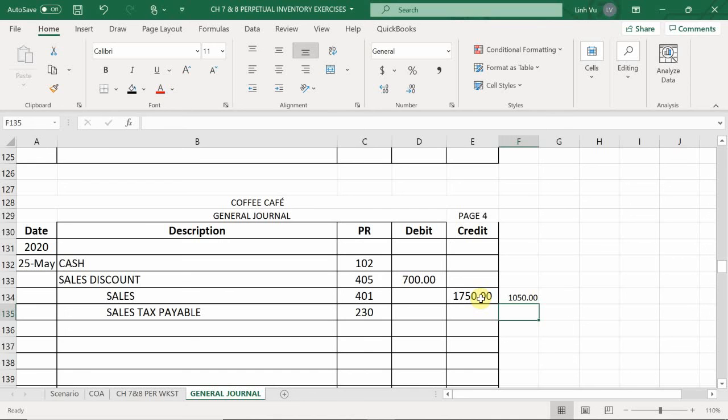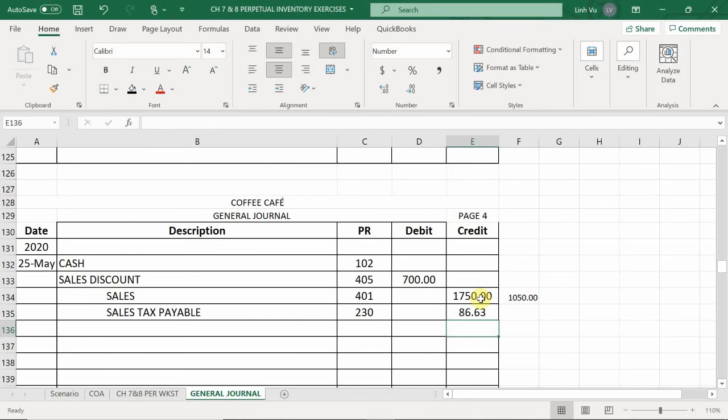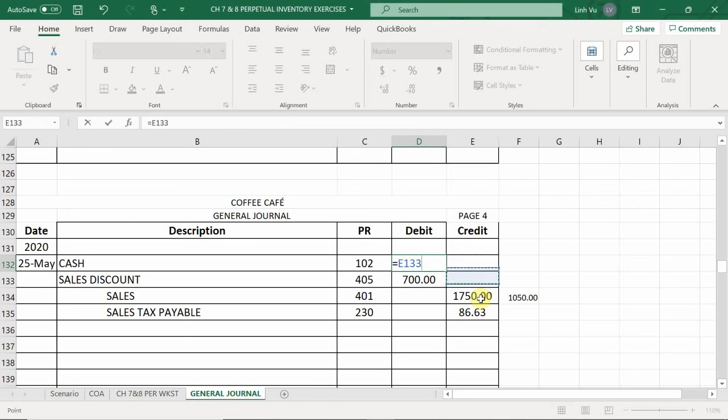How much tax am I going to charge off of $1,050? 86.63. So how much cash should I actually be receiving?